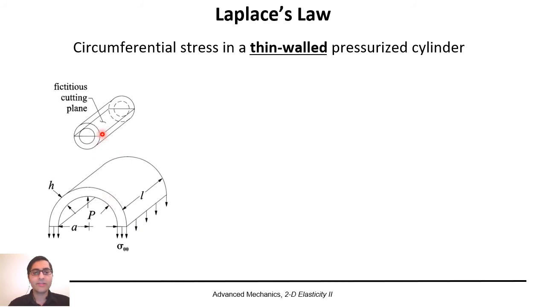And pay attention, we can assume this frictionless cutting plane at any polar angle with respect to the axis. So we may end up with the same plane here, or here, or here. So basically we can assume that sigma theta theta, or circumferential stress, is going to be the same everywhere.